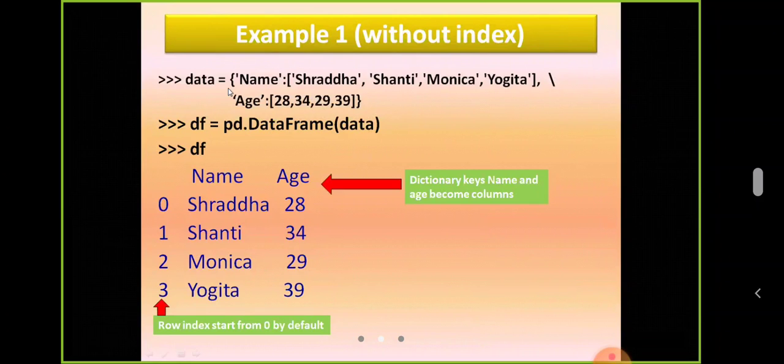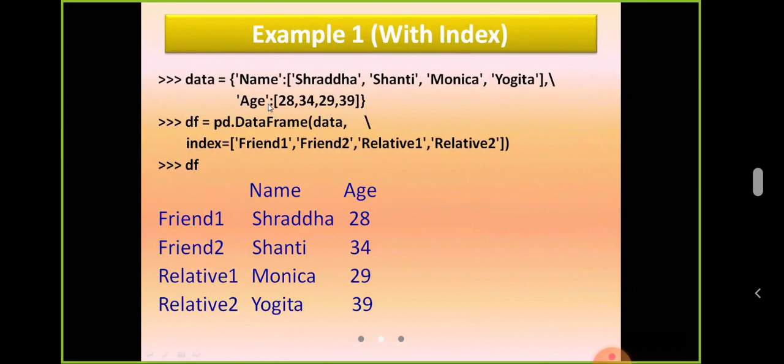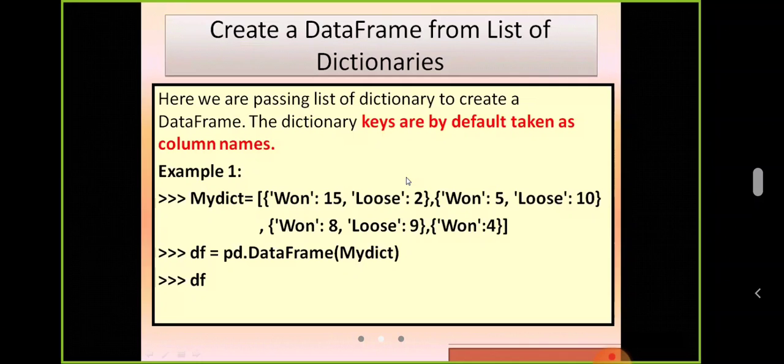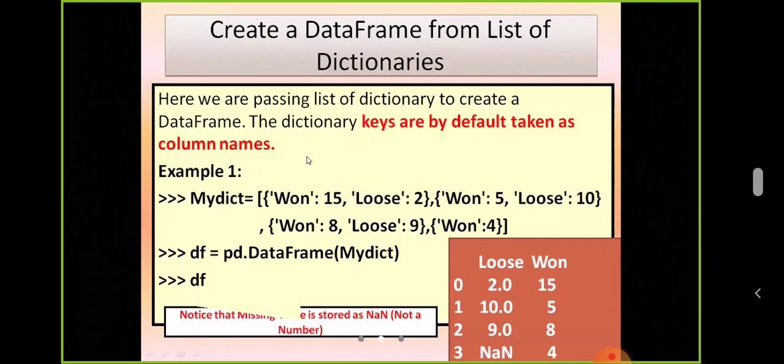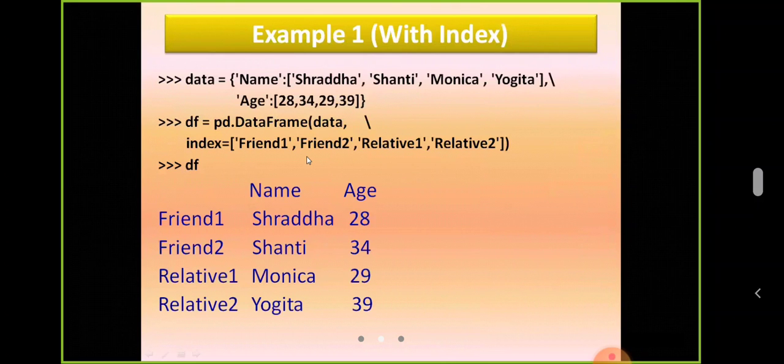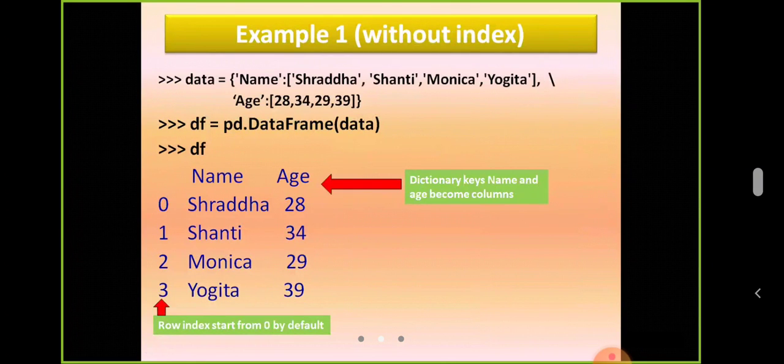You can see that this name is what? As you know, a dictionary is a key colon value pair. It means name is my first key here, and age is my second key. Clear? Name is my first key and Shraddha, Shanti, Monica, Yogita.